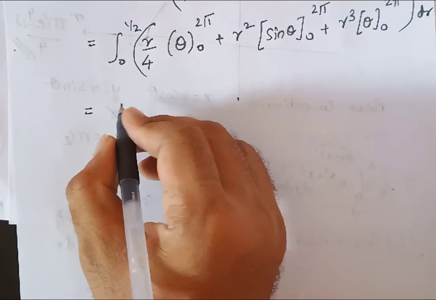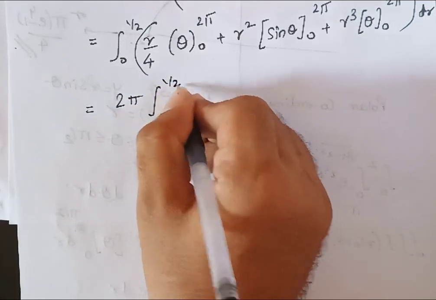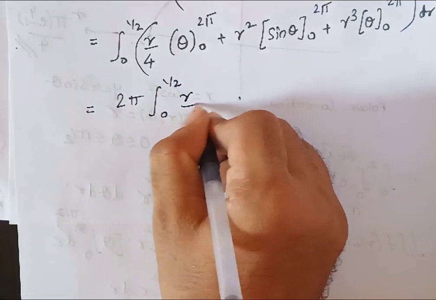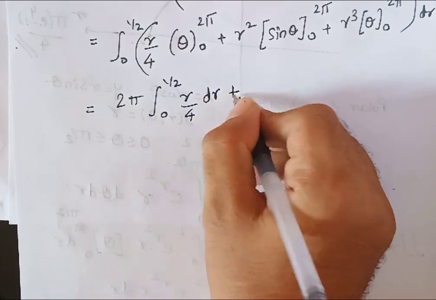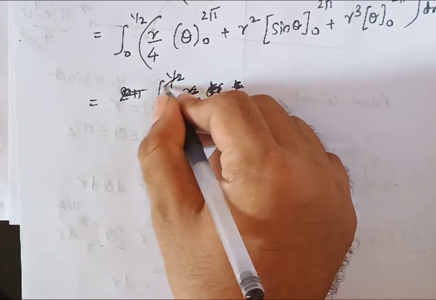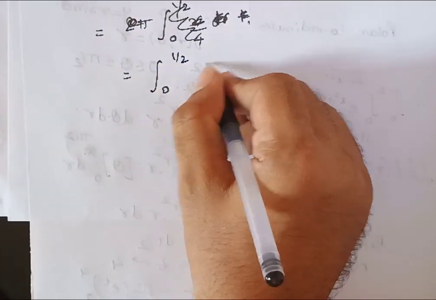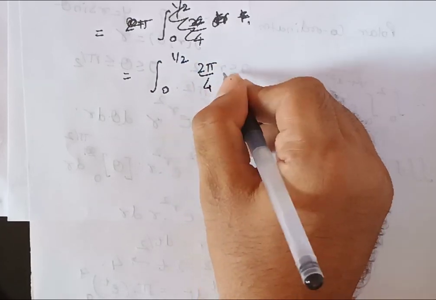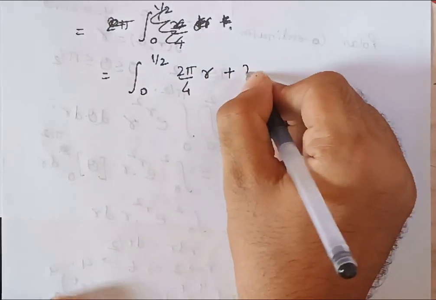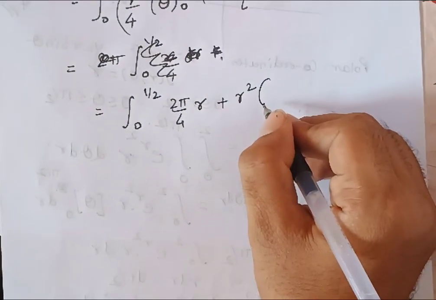Now this is 2 pi times the integration 0 to half of r by 4 dr, plus, taking everything common, the integration 0 to half of 2 pi by 4 r plus r square times (sin 2 pi minus sin 0).